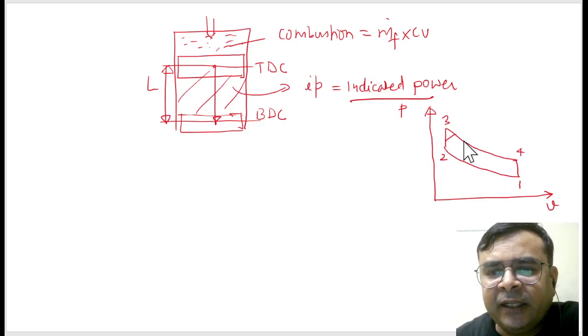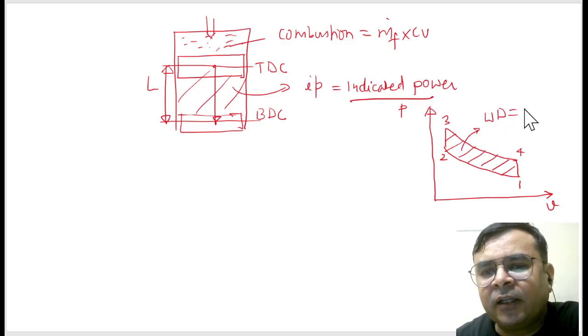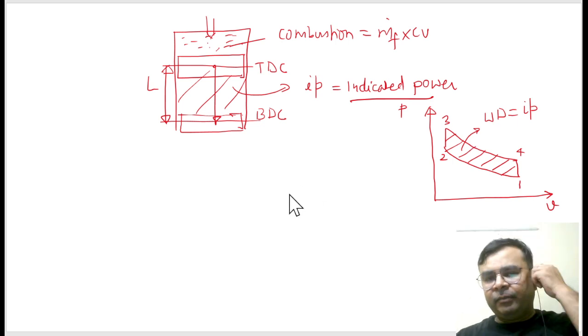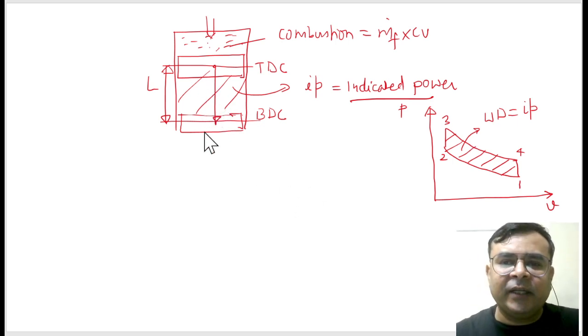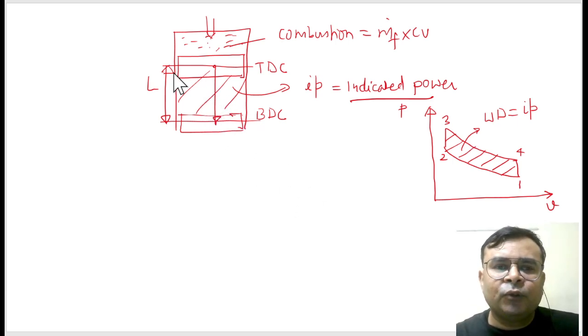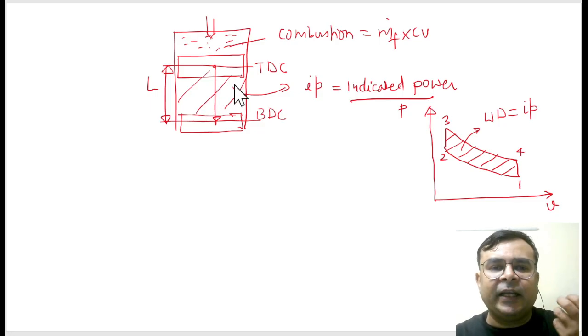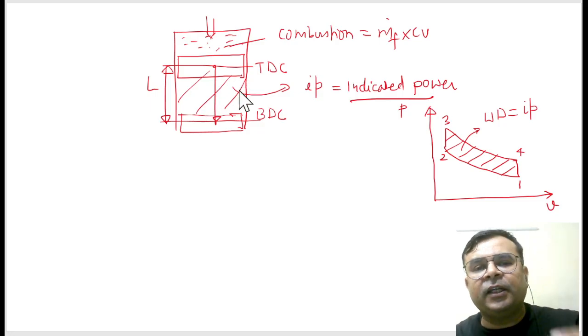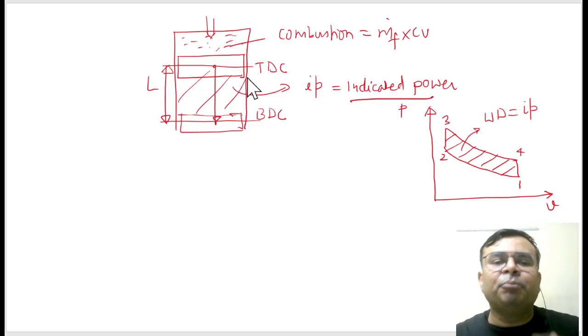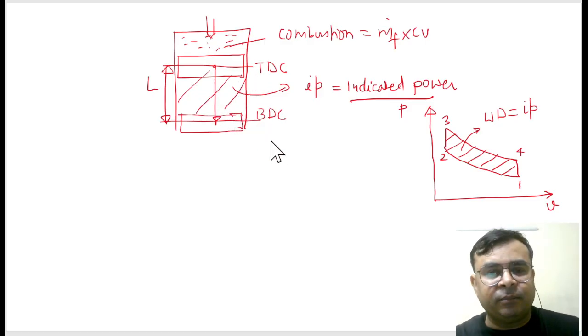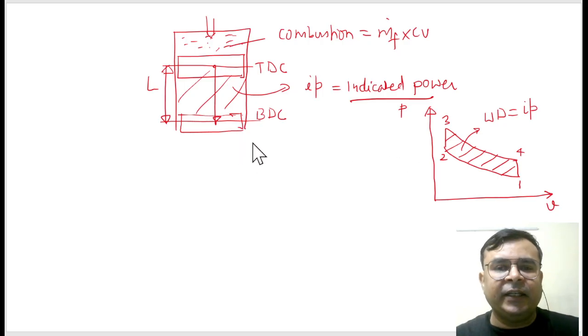Whatever area we have in this PV diagram gives us the net work done, and this net work done is nothing but the indicated power. So what is indicated power? It is the power produced during the expansion stroke when the piston is moving from TDC to BDC. During this reciprocating motion, whatever energy is produced is called indicated power.